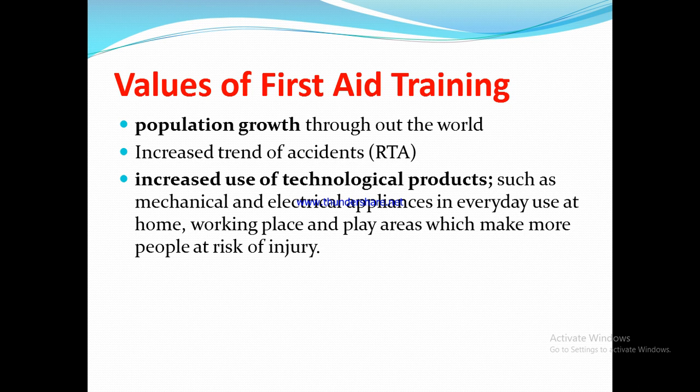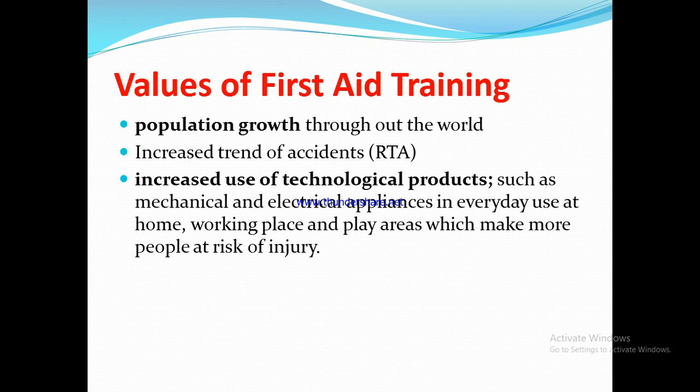First aid is valuable in this era of high population growth and an increased trend of accidents, particularly in our country, with a tremendous increment of road traffic accidents, as well as increased use of technological products like electrical appliances and machineries that are expected to induce problems at the workplace, living area or home. People are also at risk in playing areas.